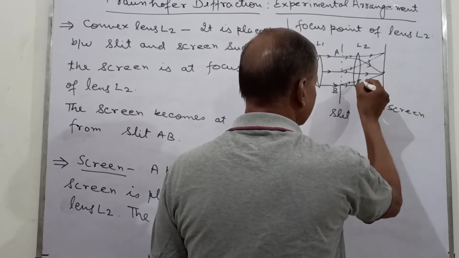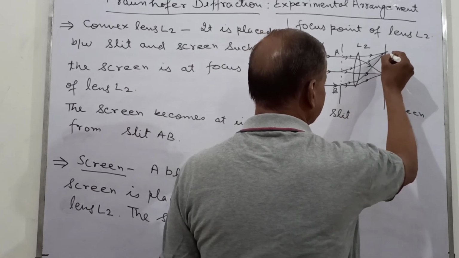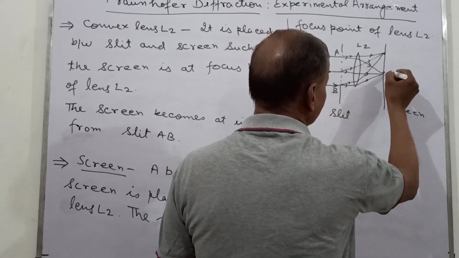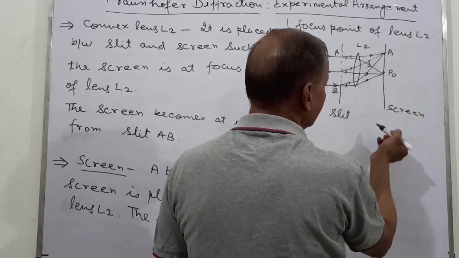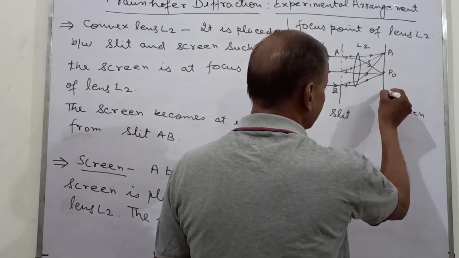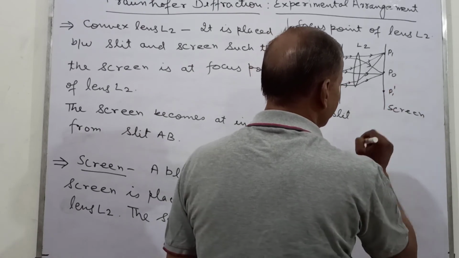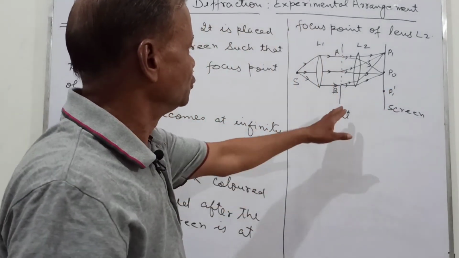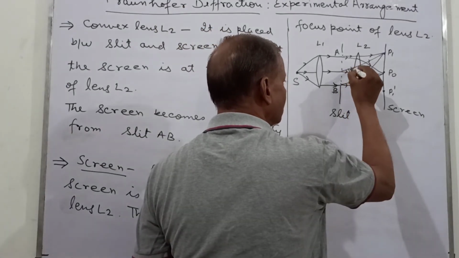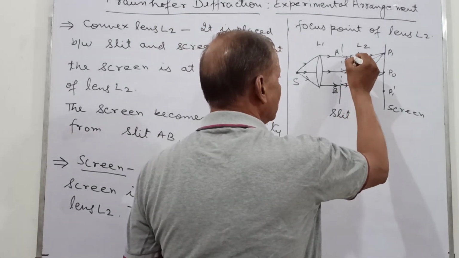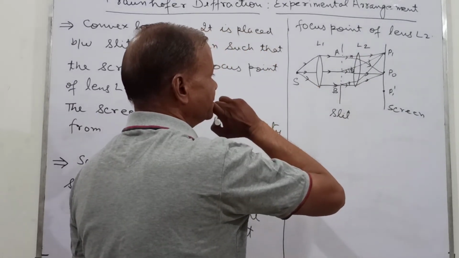Here they are diffracted and then they reach this point. This is the point P0, this is the point P1. Similarly here we have the point P1 dash. So these are the diffracted light rays. This is the angle of diffraction, theta. This is also the angle of diffraction.